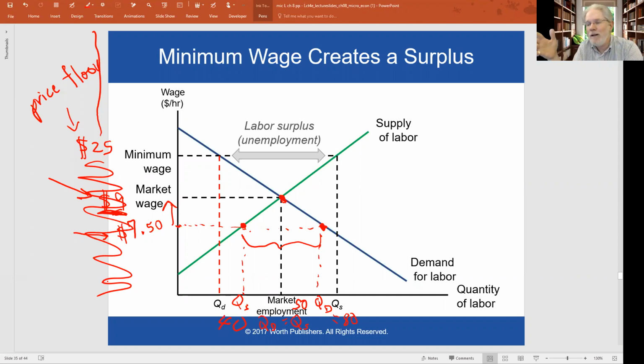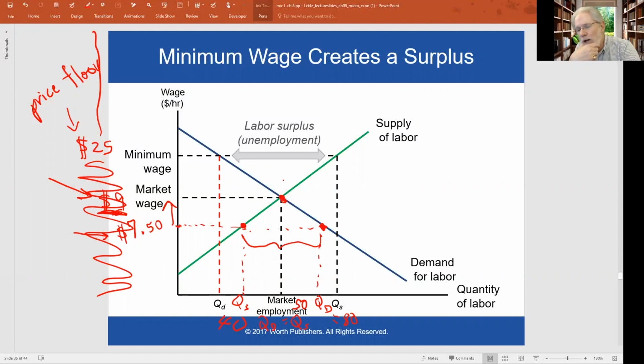Intentions are not results. No doubt the minimum wage in Genoa was raised to $25 an hour with the intention of helping low-income workers. But to figure out what the results will be, we use the graph, and the graph does not care about anybody's intentions.